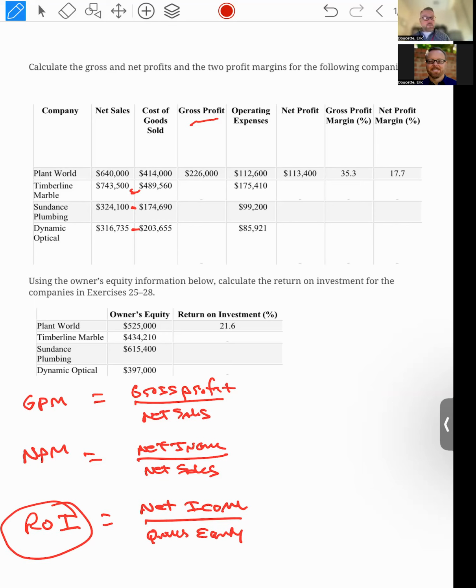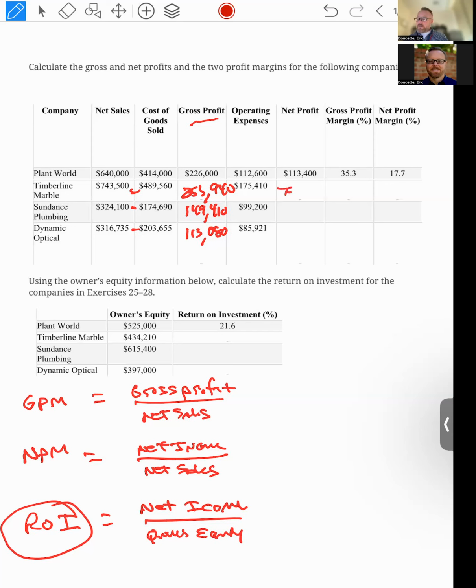So that comes out to 253,940 here, 149,410 here, and $113,080 here. And then I need to deduct my operating expense from my gross profit to get my net profit, right? So again, I would take my 253,980 and subtract the 175,410.